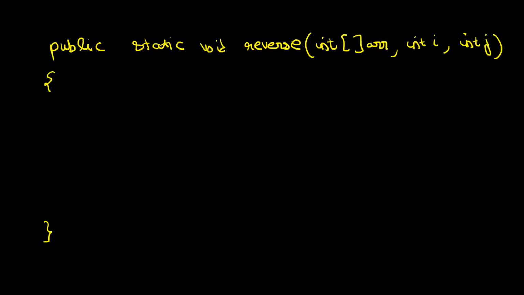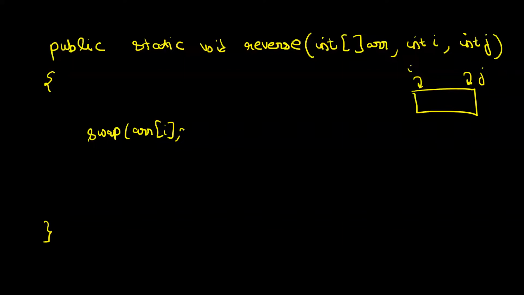Now you have to reverse the entire array from index I till index j. First of all, I will swap the contents at ARR of I and ARR of j. Now after swapping these two, can you reverse this smaller part of the array for me?